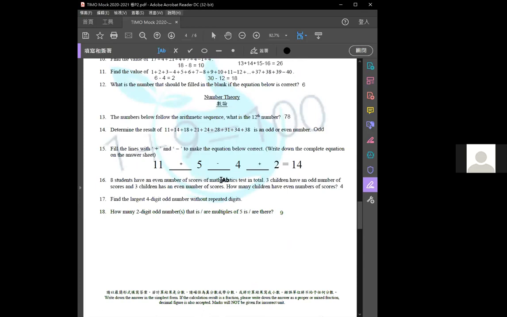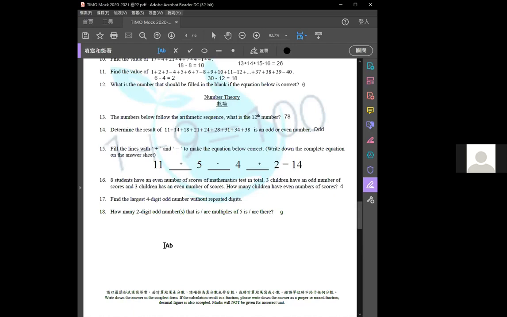This one? Yeah. 8 students have an even number of scores of mathematics tests in total. That means we have 8 students right now. So there are multiple combinations. They can be all even, so the total score is even. Otherwise, it can be all odd.